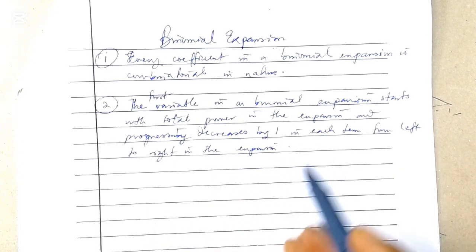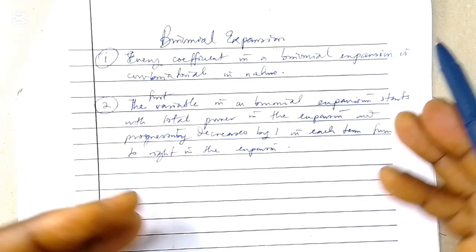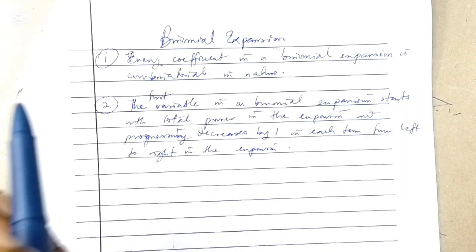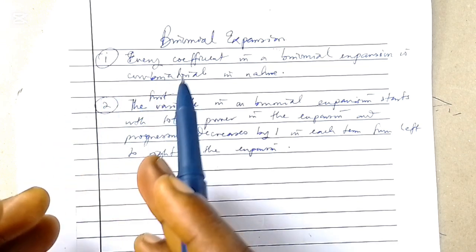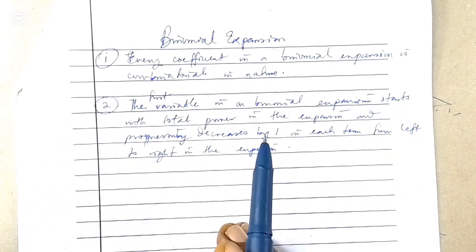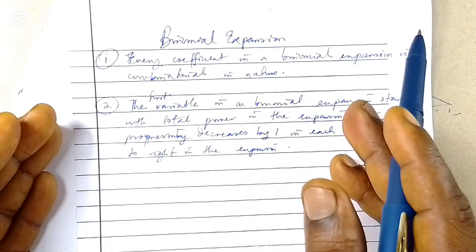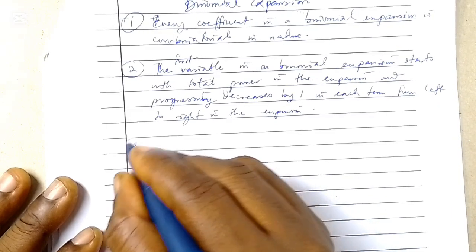Okay, so as you move in the expansion from left to right, the first variable will start with carrying the total power, and will keep reducing by 1 progressively as we move from left to right through each term.